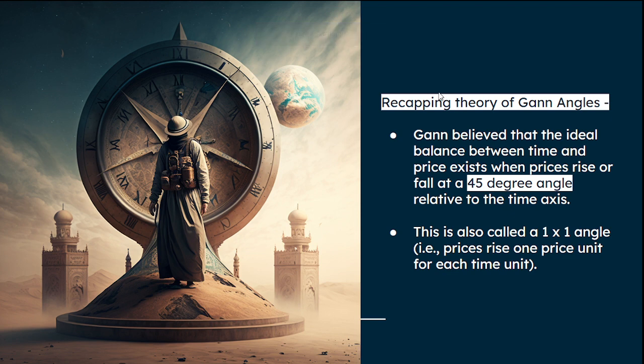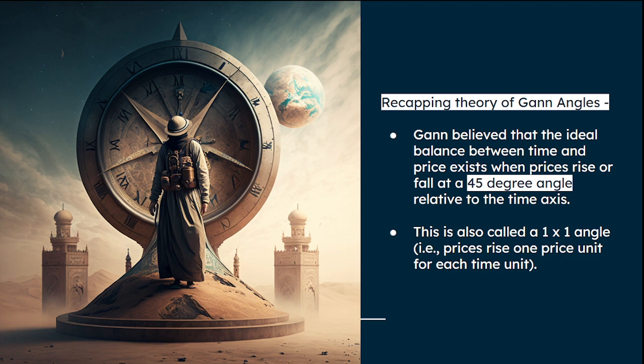Recapping the theory of Gann angles, Gann believed that the ideal balance between time and price exists when the price rises or falls at a 45-degree angle relative to the time axis. Now think about it. Previously I told you to skip, do not think about it because you will not understand. Now it is time to think.